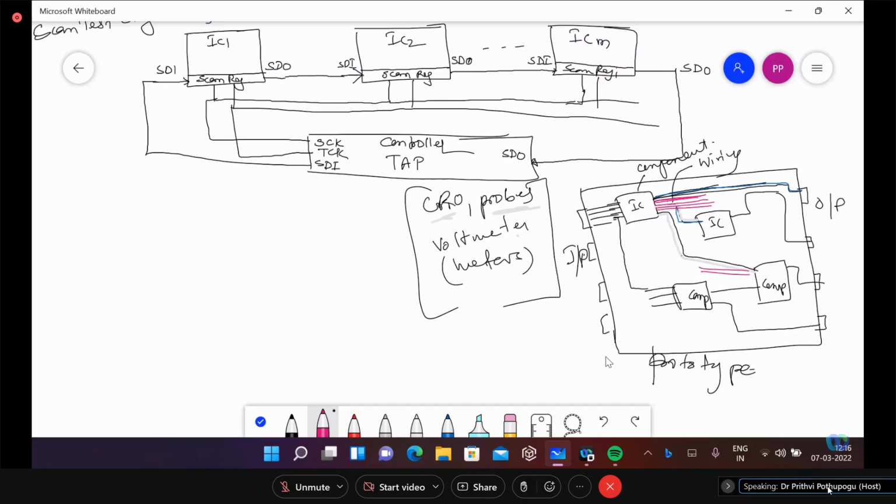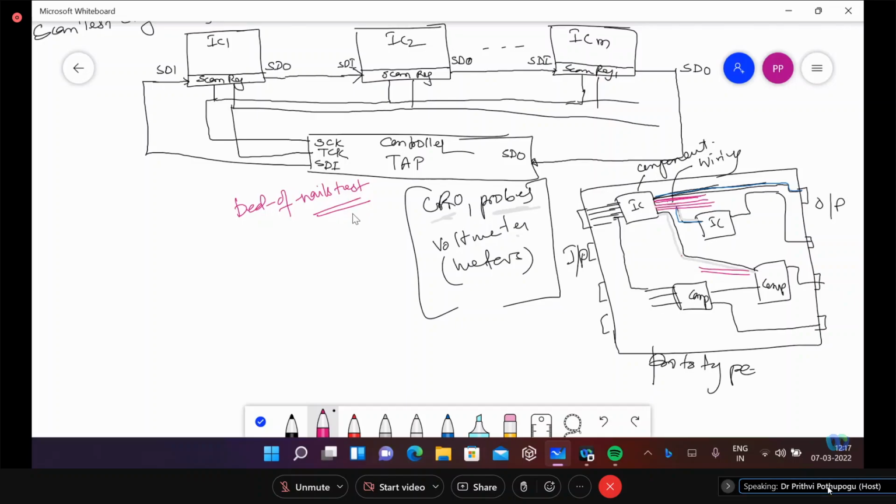So if such complex designs are there, this tapping with probes, we call it the bed of nails test. Bed of nails test, where the probe edge is a nail, if you can think of it. This is a bed of wires.